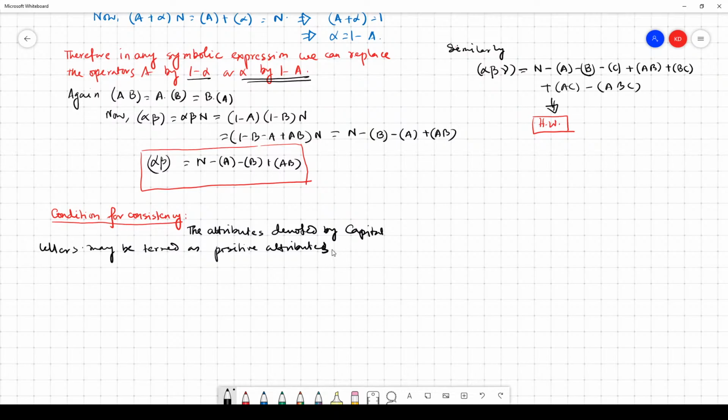Positive attributes. On the other hand, attributes denoted by Greek letters may be termed as negative attributes.